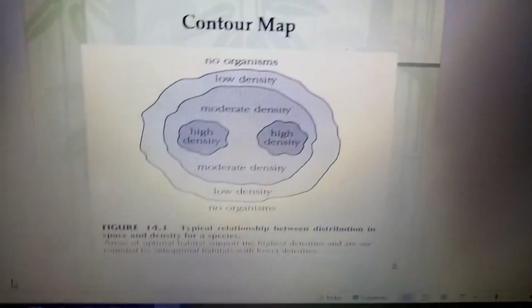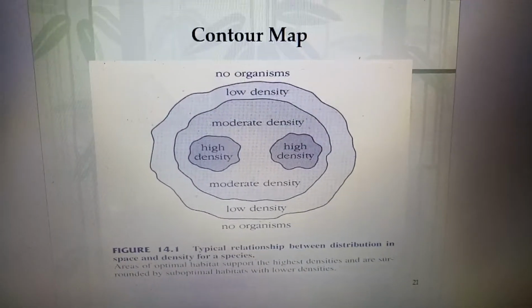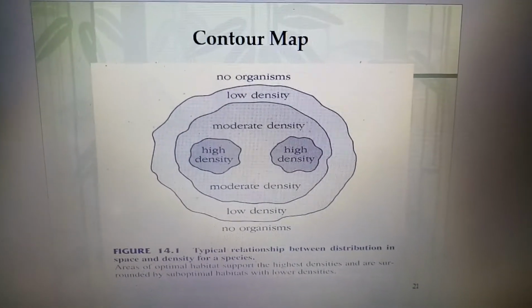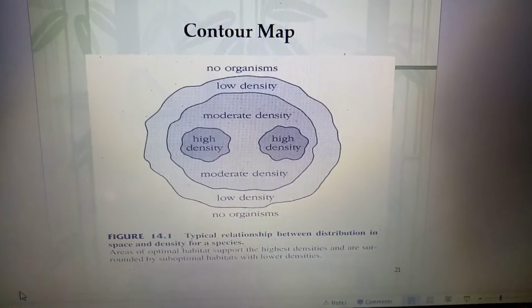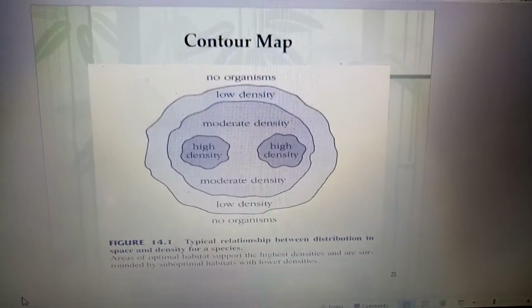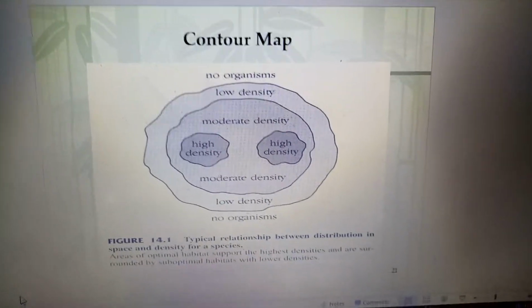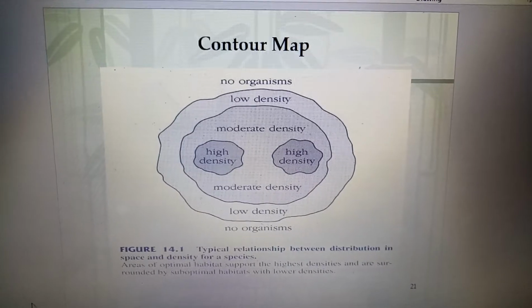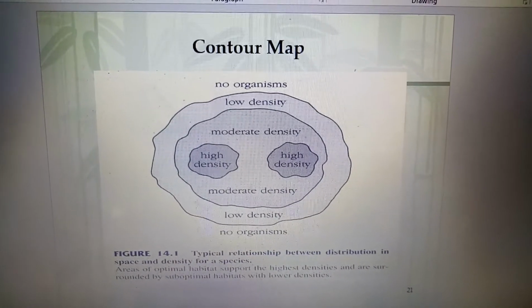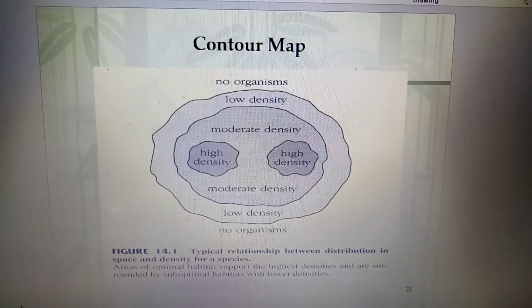Class, please make sure you know how to draw this diagram completely and correctly, because it's very important for you to know. A question might come from this topic in the test or quiz. Looking at figure 14.1, this is the typical relationship between distribution in space and density for a species.